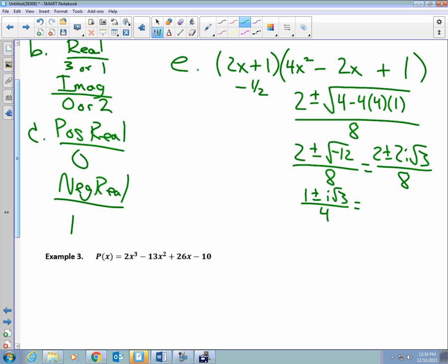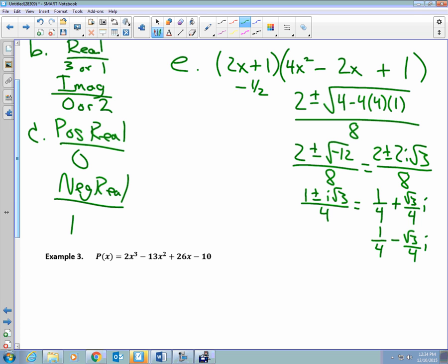And I'm going to write this like we wrote it yesterday in the form of a plus bi. 1 over 4 plus the root of 3 over 4 times i. Or 1 over 4 minus the root of 3 over 4 times i.